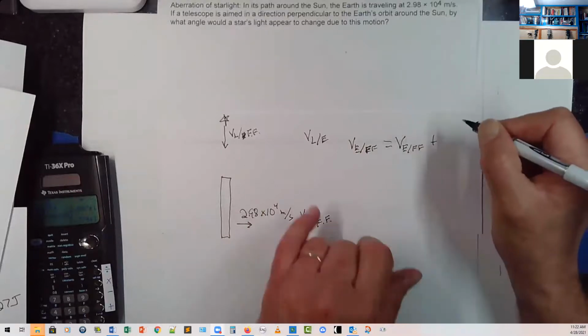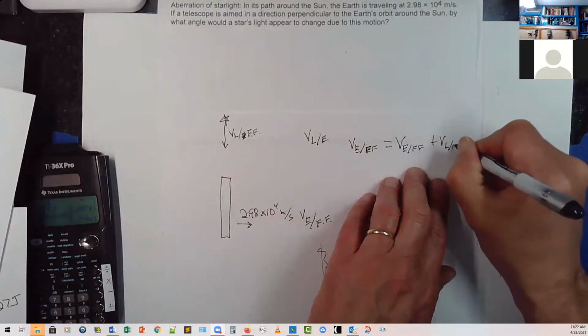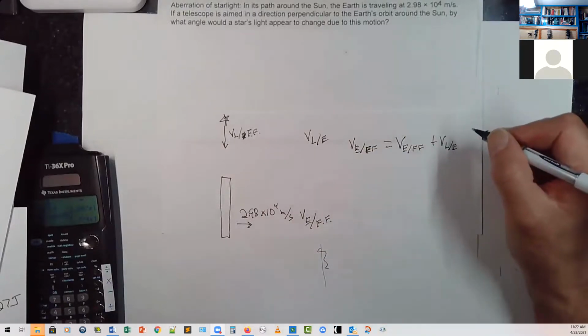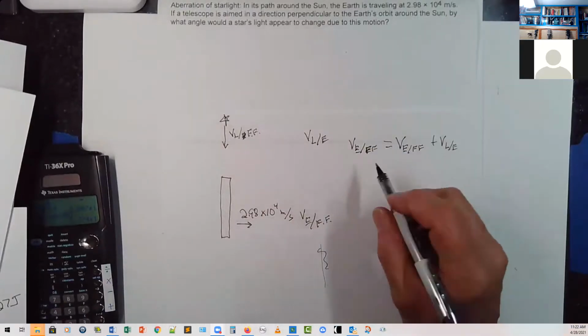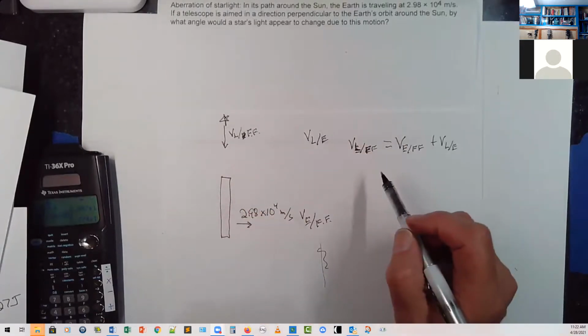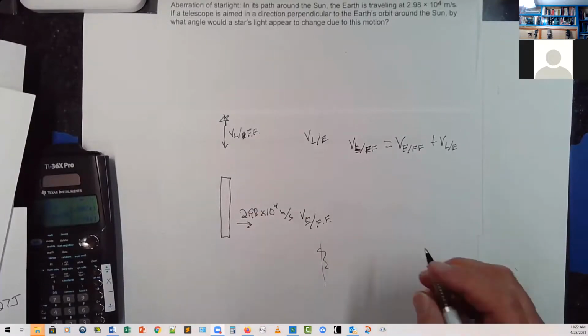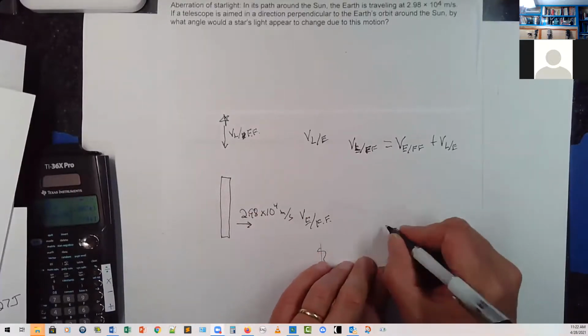Sorry about the notation, plus the velocity of the light with respect to the Earth. And this is supposed to be an L here. Okay, well, I can draw a picture of that at least.